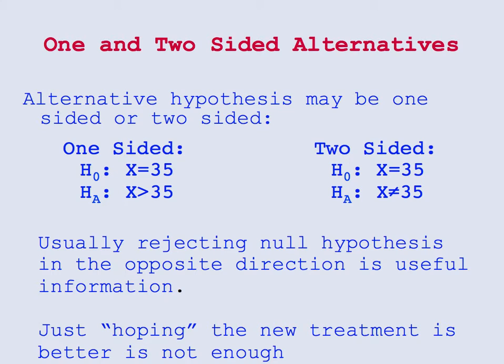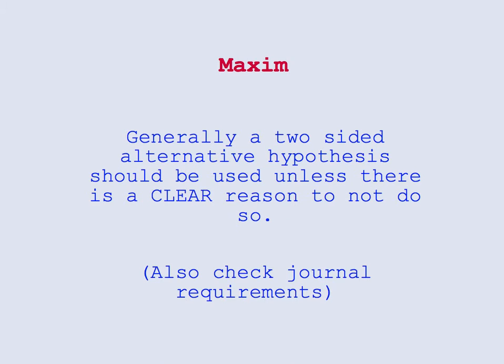So we can see the value of a two-sided hypothesis. A general maxim is that a two-sided alternative hypothesis should be used unless there is a clear reason to not do so. Not just that you hope that steroids will help from spinal cord injury, but that there's a clear mathematical reason we must do so.